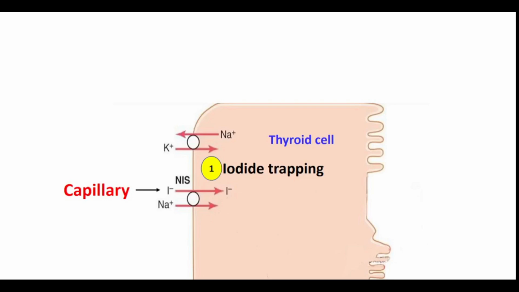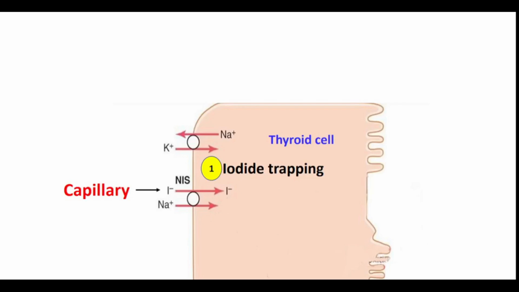So why is the concentration of iodide more inside the thyroid follicular cell? See, after the synthesis of thyroid hormones within the thyroglobulin, there will be hydrolysis of the thyroglobulin, releasing these thyroid hormones outside the thyroglobulin in the cell, and later it will be secreted into the blood. Then this thyroglobulin also contains monoiodotyrosine and diiodotyrosine that is formed during the synthesis of thyroid hormone.